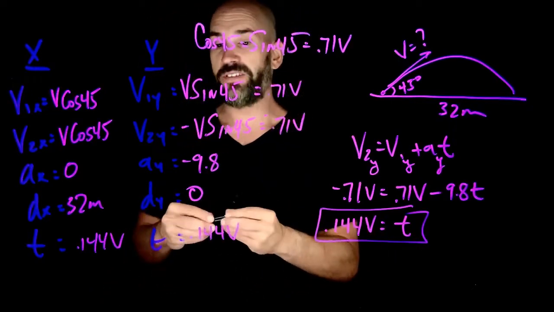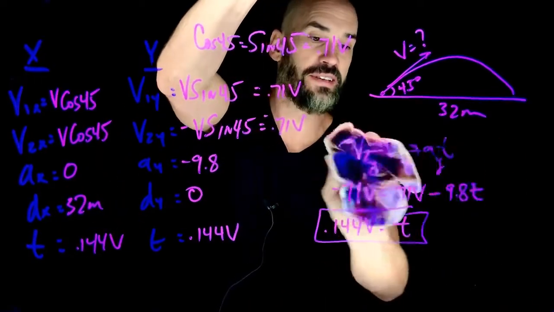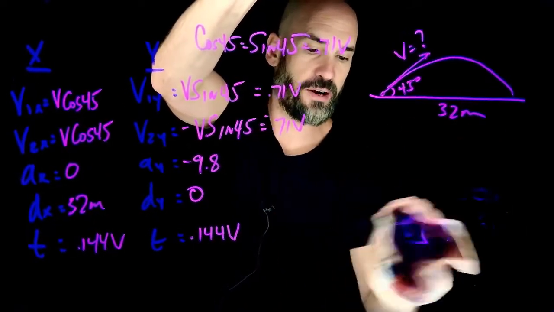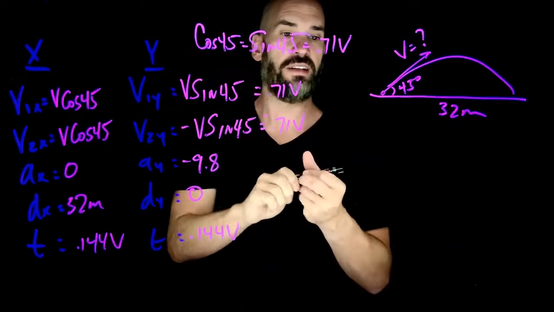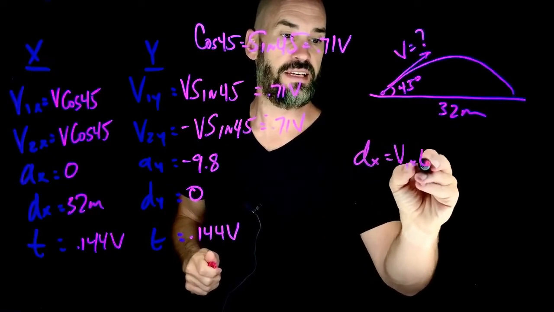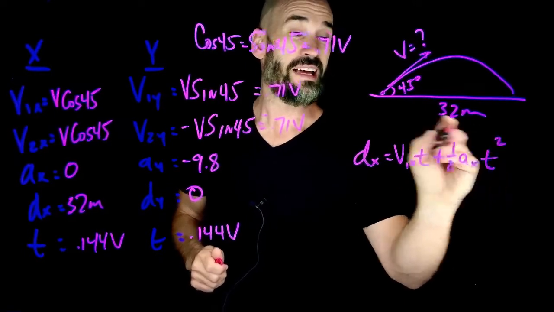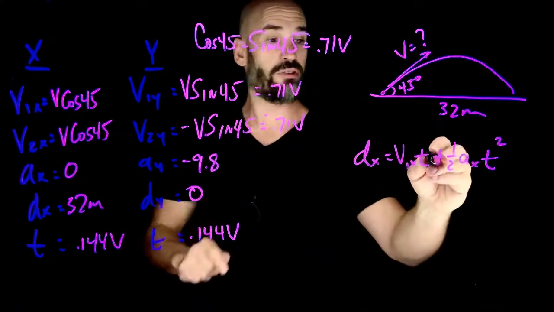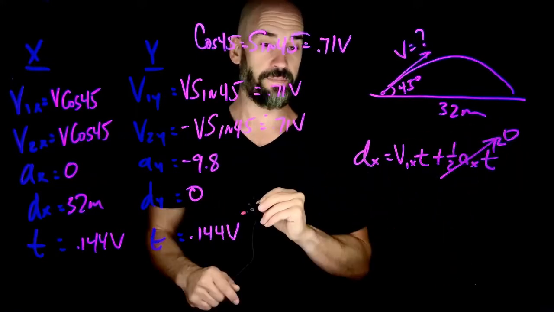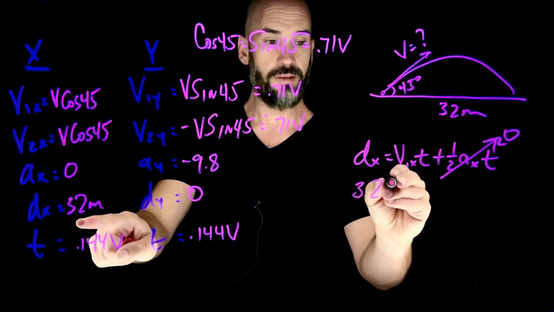Now, as is often the case, once I have t, I can easily solve for stuff over here, and almost always, maybe you guys have seen the pattern so far, I like to use the equation dx equals v1x t plus 1/2 ax t squared. And the reason why I like this is because a is 0, so I automatically know that that goes to 0. Okay, and I have my d, so that's just 32, right?